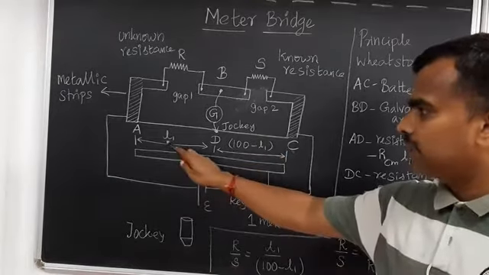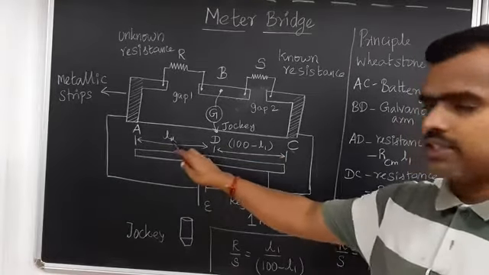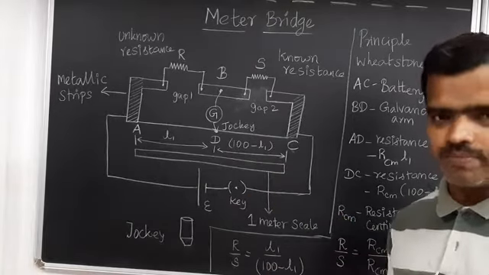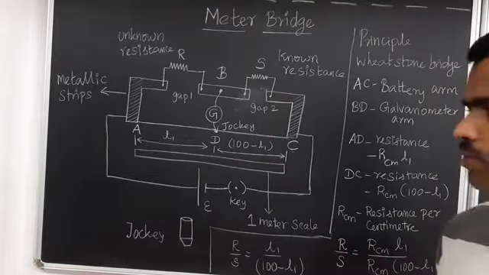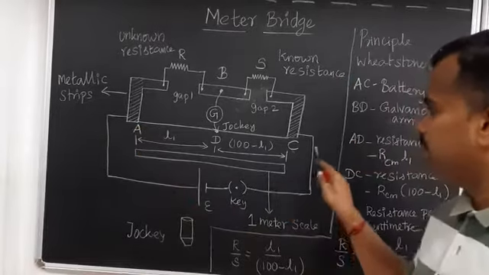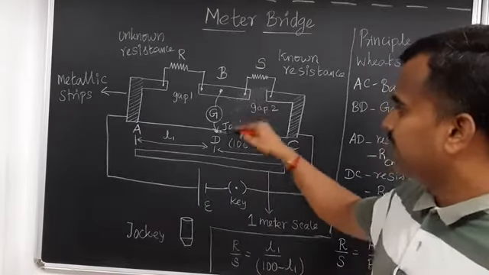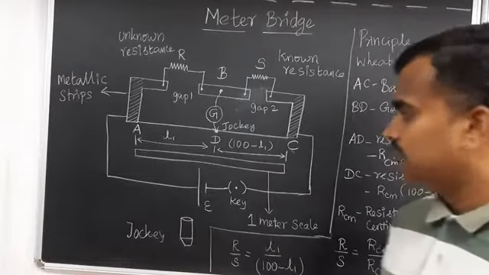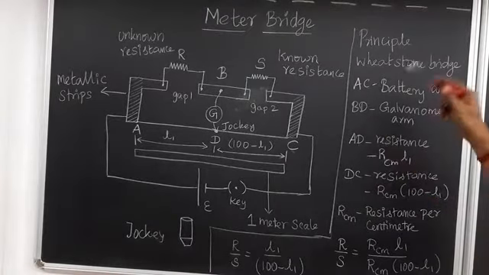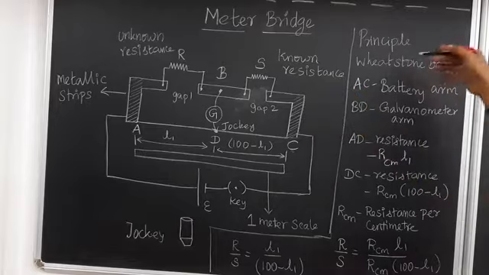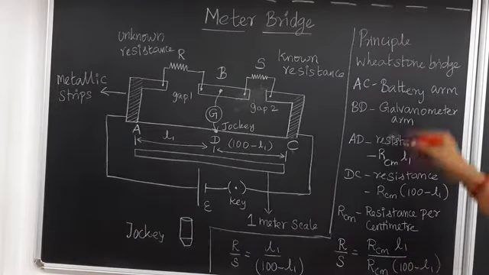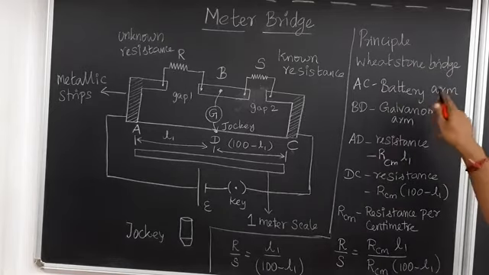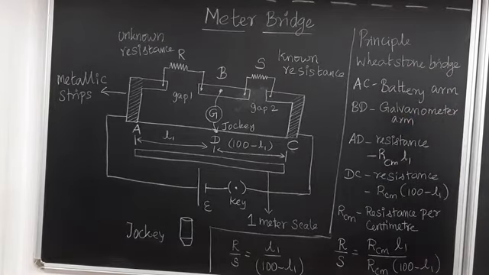Now I measure the distance A to D as L1 and D to C as 100 minus L1. From the Wheatstone bridge we know that AC is called the battery arm and BD is the galvanometer arm.